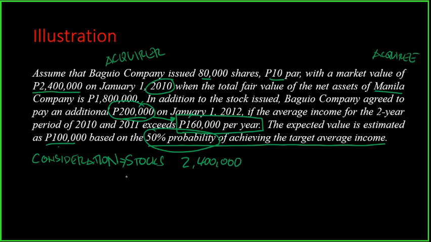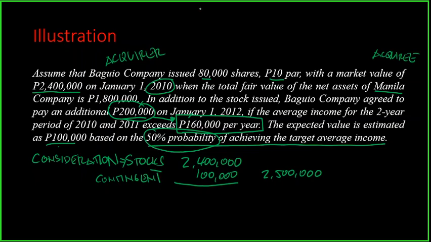Aside from that, you also have your estimated value of your contingent consideration. You now have your contingent consideration at 100,000. Therefore, how much is your total consideration? It's 2,500,000 pesos. The problem can also ask you, how much is the goodwill from this acquisition?